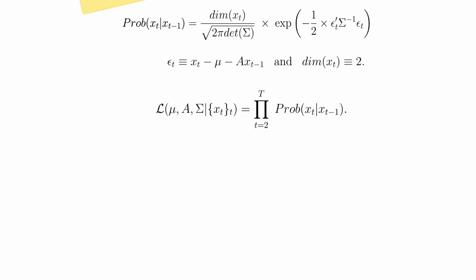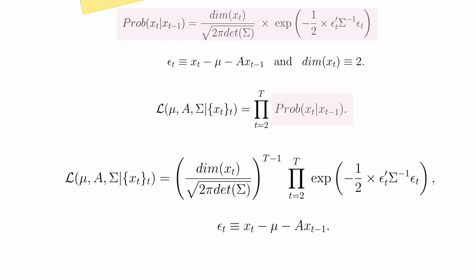So we can now plug in the parametric expression for that conditional probability and take everything that doesn't depend on time in front of the product operator. Now that gives us that the likelihood of our parameters conditional on the xt panel is given by the following expression here.